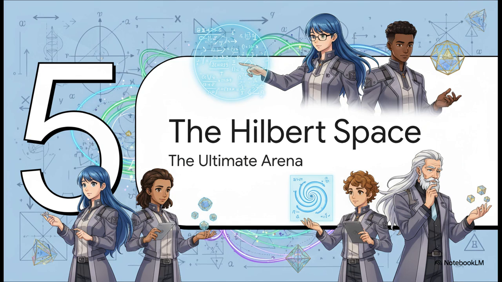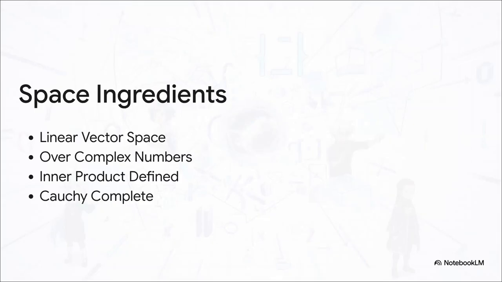Let's pull it all together in Part 5, Defining the Hilbert Space. Okay, we finally have all the puzzle pieces to answer David Hilbert's legendary question. What actually is this space? It's pretty straightforward, really. A Hilbert space is simply a linear vector space defined over complex numbers, equipped with an inner product to handle generalized lengths and probabilities, and strictly Cauchy-complete to ensure infinite sequences never fall out of bounds.